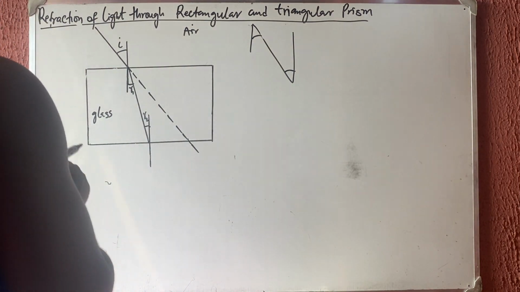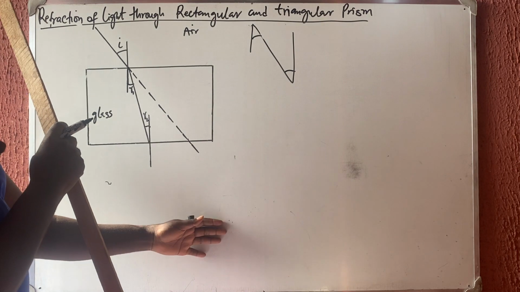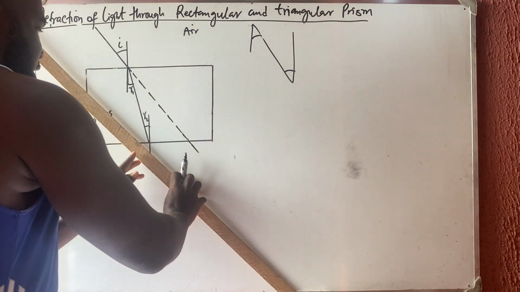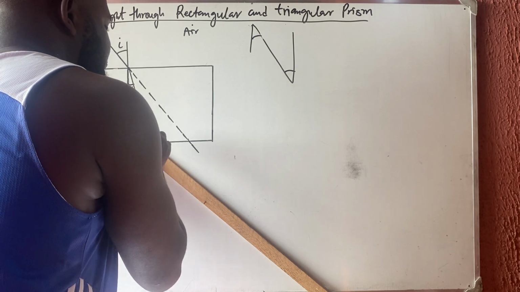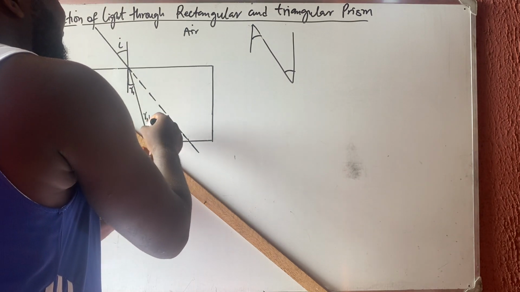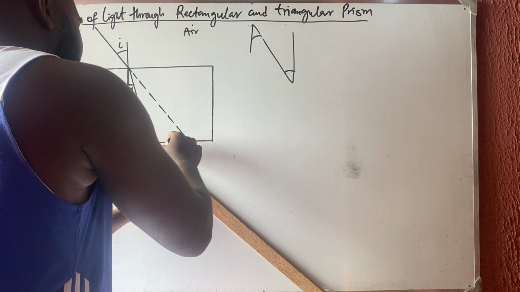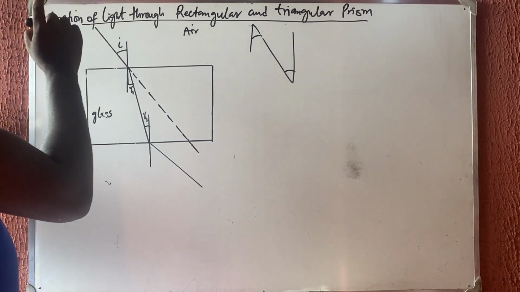Due to the fact that this glass is denser than the air outside, the refracted ray here should be moving away from the normal. That is how you draw it. Let me say it again.